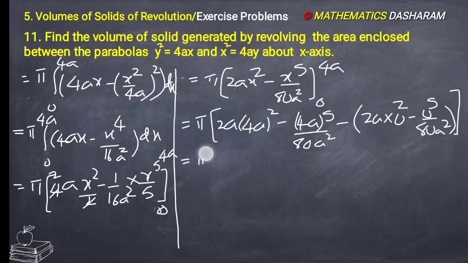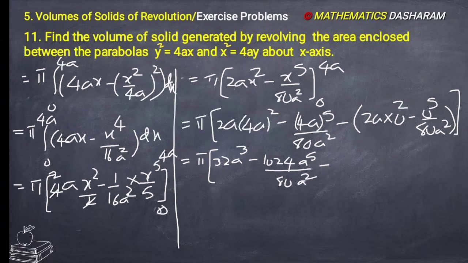Then it is equals to pi bracket of 4a whole squared is 16a squared, 16 into 2 is 32a squared into a cubed, minus here 4a whole to the power of 5, 1024a to the power of 5 by 80a squared, minus 0.